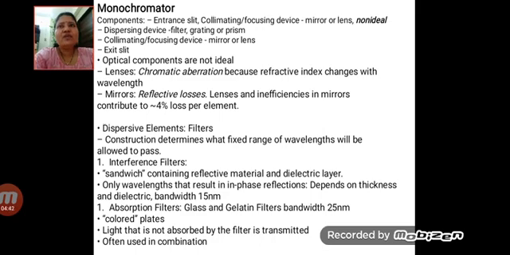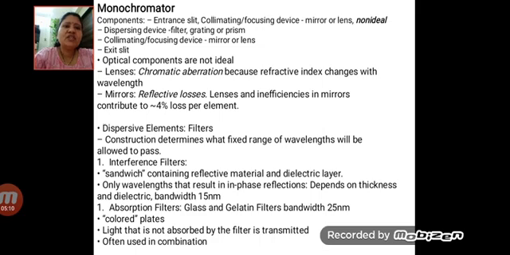Then, in the case of absorption filters, one is the glass filter and one is the gelatin filter. The gelatin filter consists of a mixture of dyes incorporated in gelatin and sandwiched between glass plates, and is more selective, with a bandwidth of about 25 nanometers. Interference filters have an even narrower bandwidth, around 15 nanometers.